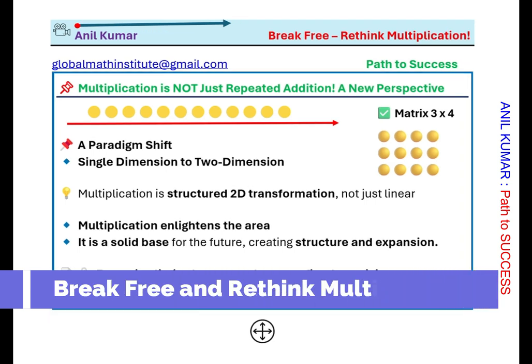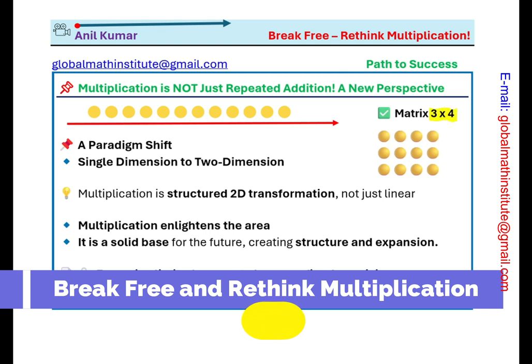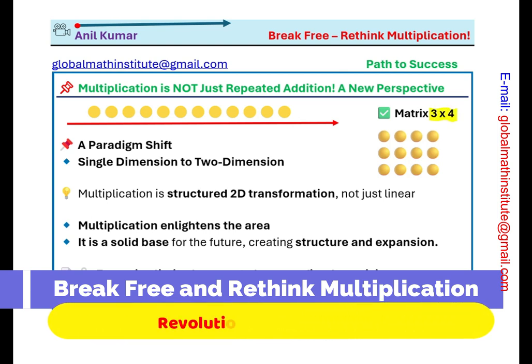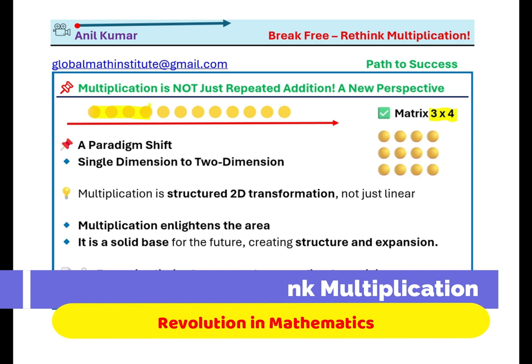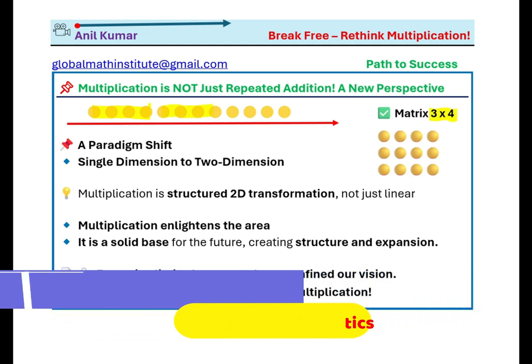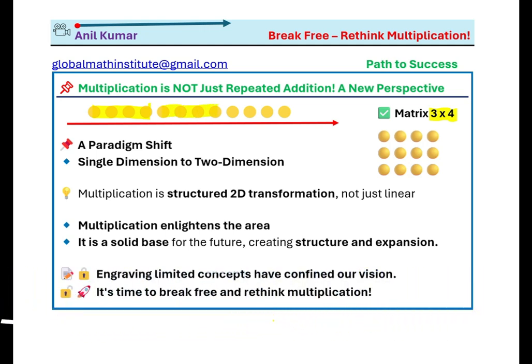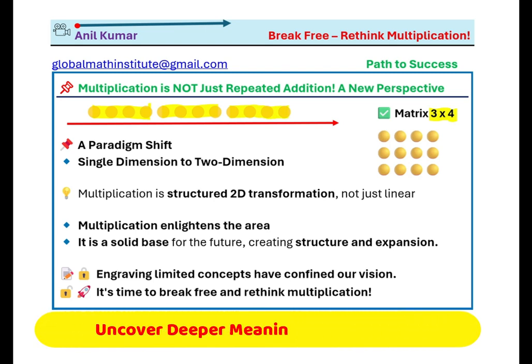So when we say what is 3 times 4, it could be represented on repeated addition model, which is we have 3 groups of 4, right? So 1, 2, 3, 4, that's first group, and then 1, 2, 3, 4, the second group, and then the third group. Now this is what we say repeated addition. So multiplication is repeated addition.